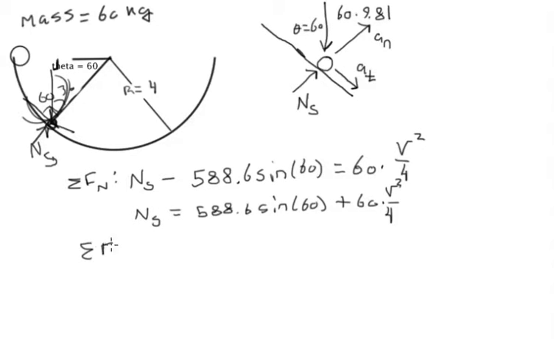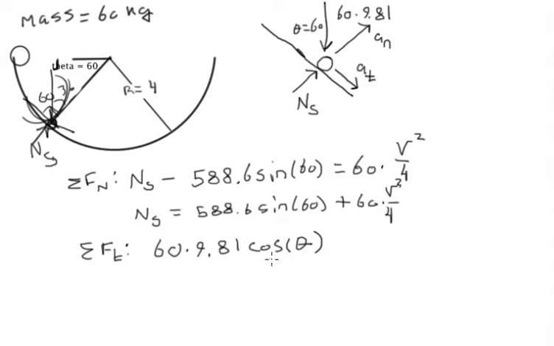Secondly, we get the sum of the forces in the tangential direction. Looking at our diagram here, we're going to have the cosine of 60, that's this force directed in the tangential direction. We're not going to multiply it out because it's a little bit easier: 9.81 times cosine, and then keep this as theta, because as we'll see, we're going to integrate along theta, and we need to keep theta as a variable if we're going to do that.